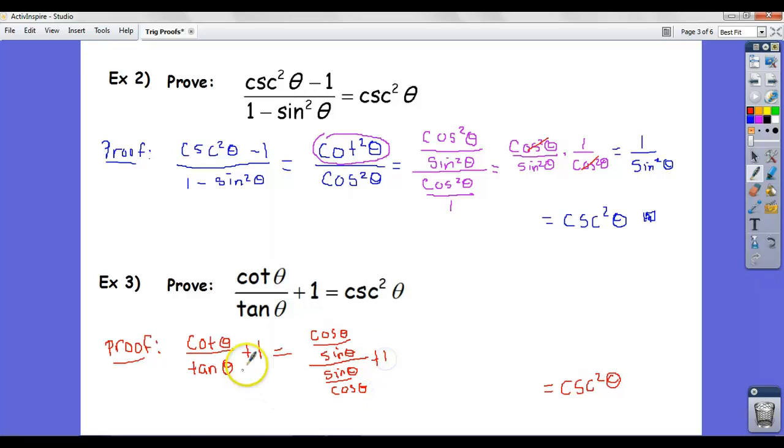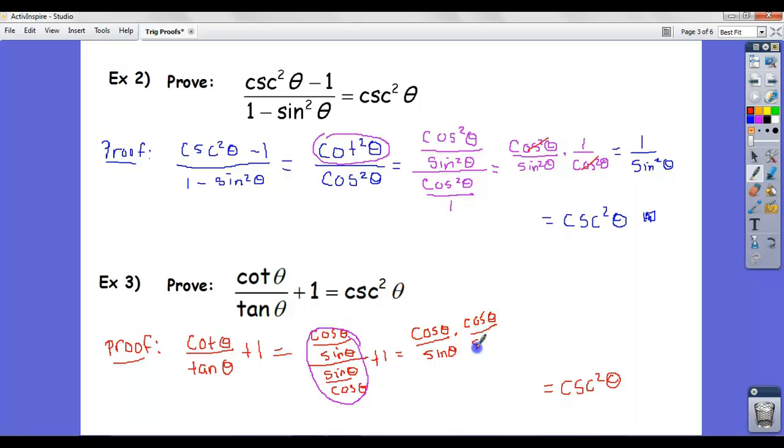plus 1. And now this part here, I'm dividing fractions, so that means I multiply by the reciprocal. So this becomes cosine over sine times cosine over sine, right?